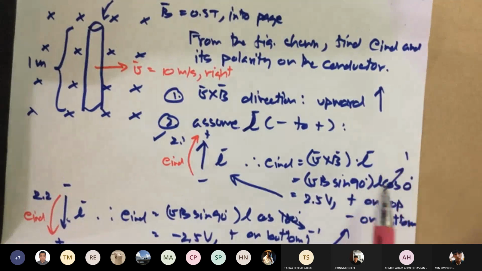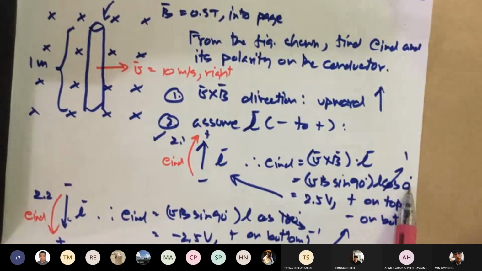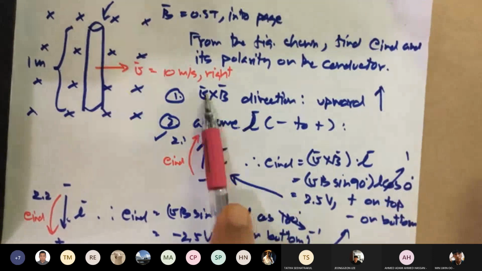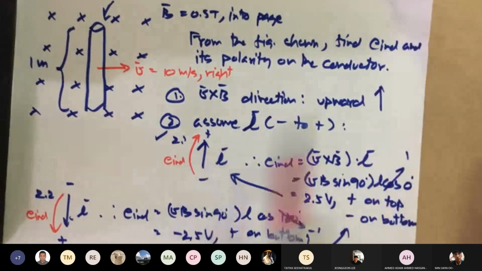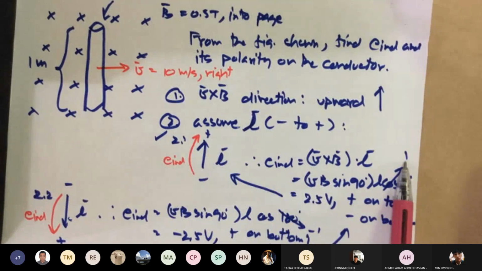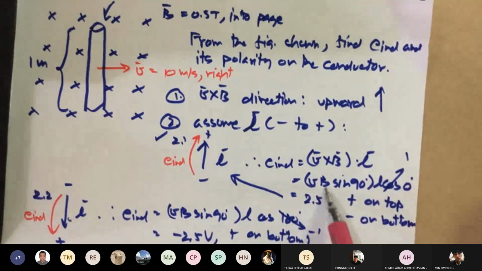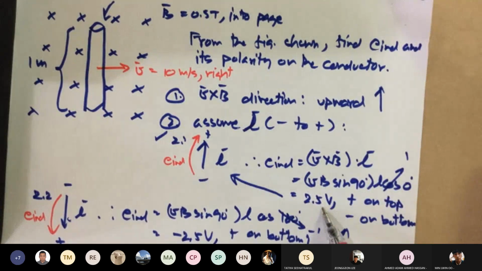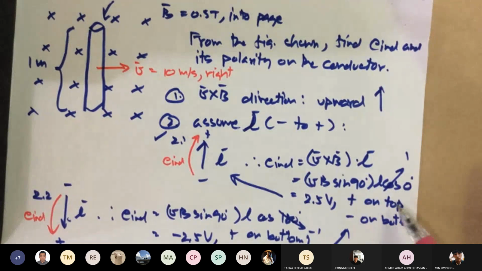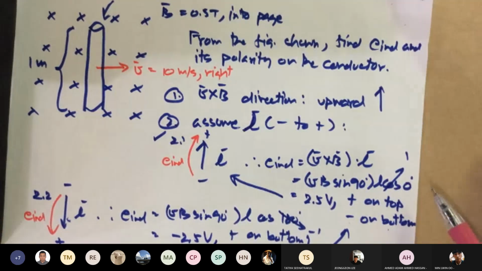Then cosine of 0, because V cross B points up, L points up, 0 angle. Cosine of 0 is also 1. Then you substitute V, B, and L in there, and you will get 2.5 volts, positive on the top, negative on the bottom. So this is the answer.